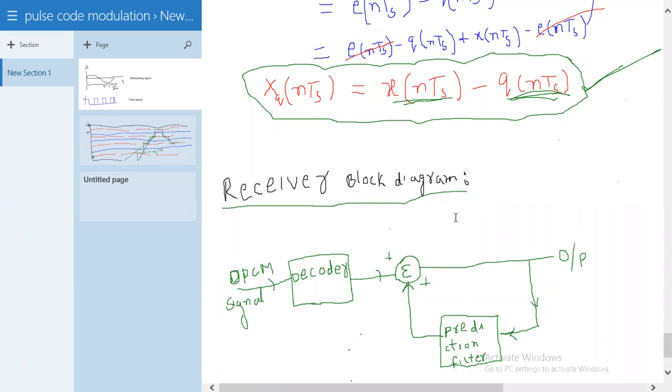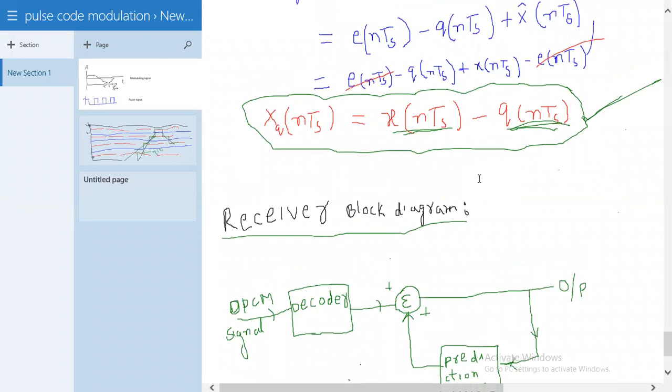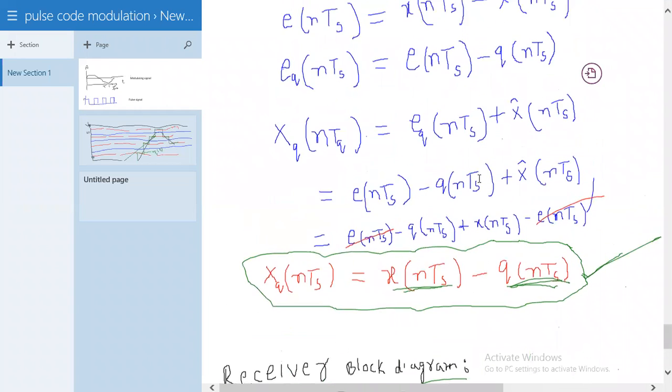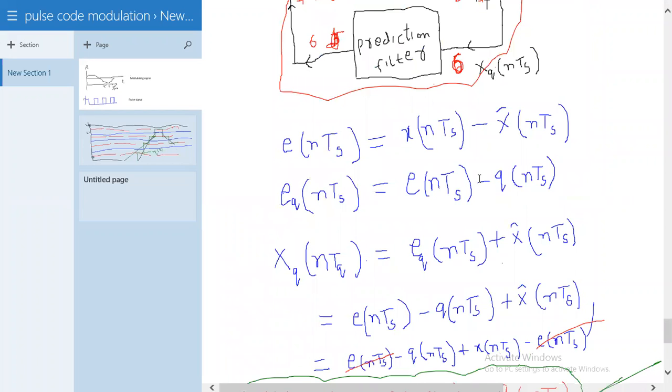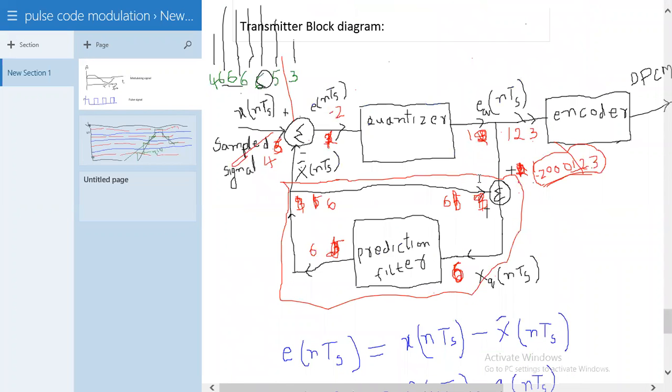Yes, ma'am. Okay. So this is a continuation of the previous class. Last class we took samples. The actual sample values are 3, 5, 6, 6, 6, 6, 4.